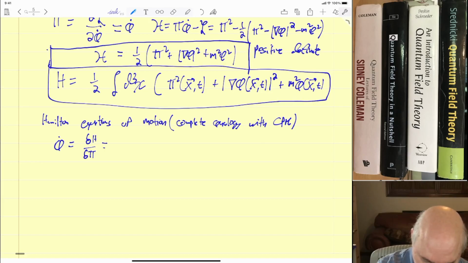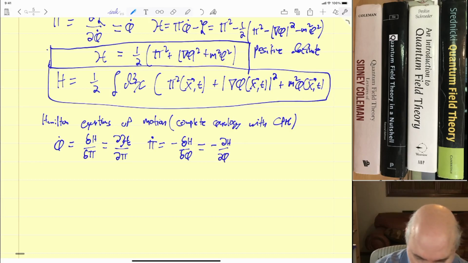But I'm also going to call this the partial of the density with respect to pi. And pi dot is equal to minus del H del phi, and I'll just call this minus the partial of h with respect to phi.